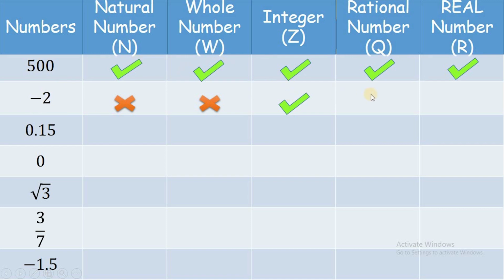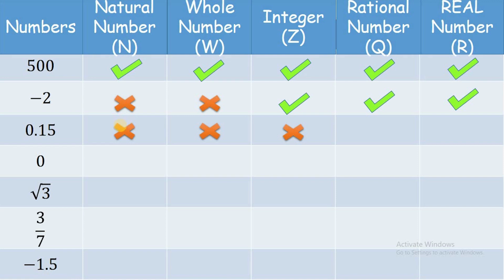So if the given number is an integer, then it is also a rational number and it is also a real number. Now next one is 0.15. 0.15 is not a natural number, it's not a whole number, it's not an integer, because natural numbers are the collection of numbers such as 1, 2, 3, 4 and so on.